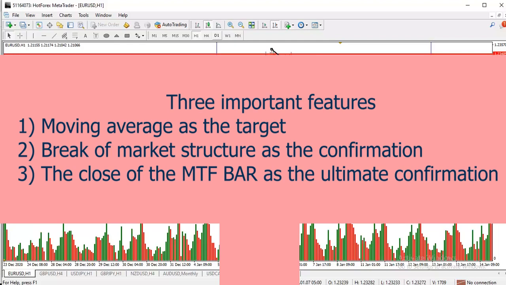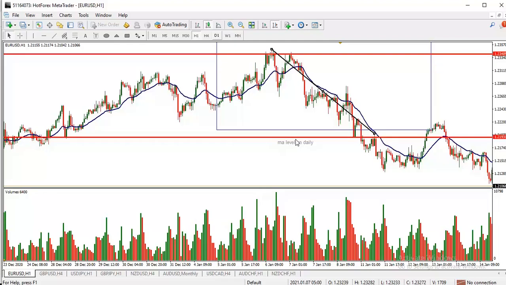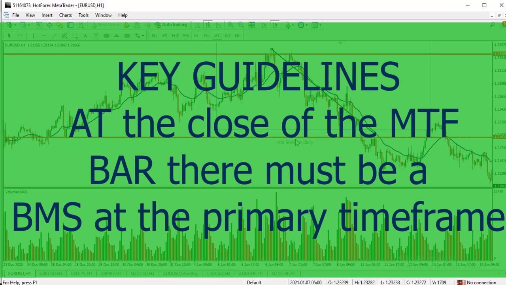The market structure gives us the confirmation that yes, market is trying to retrace. The close gives us the ultimate confirmation that since we have a close of the main time frame at the break of the primary time frame levels, it is now ready to retrace.